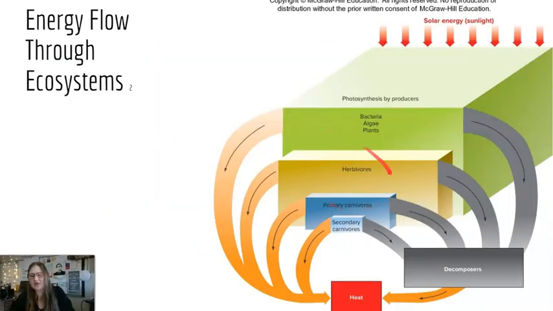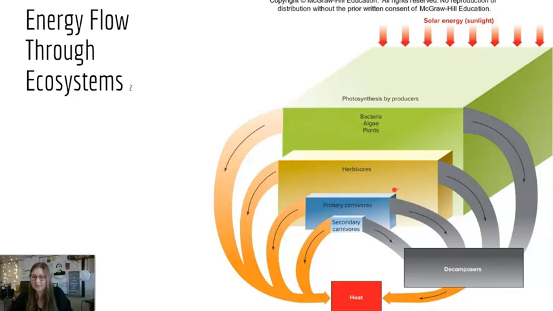So this is one way to look at it. It's a little upside down in the way that it feels to me. But this big green box right here is our producers: bacteria, algae, plants. They're getting solar energy. This has tons of energy. Then we go down to herbivores. 90% of that energy is lost as heat.